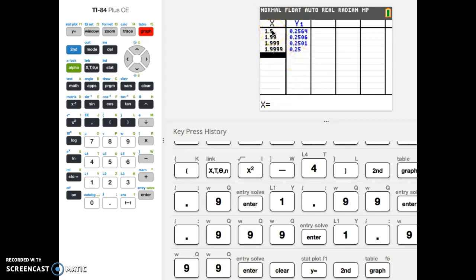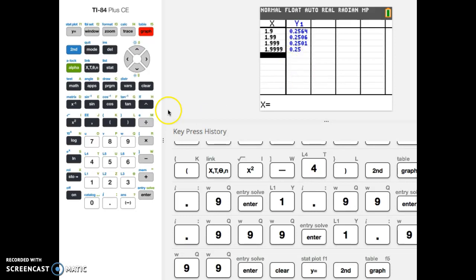So I already put the values that were on the left-hand side of 2: 1.9, 1.99, 1.999, and 1.9999. And these are the y values associated with those. So now I'm going to type in the x values that are greater than 2 so we can fill in the other side of our table.